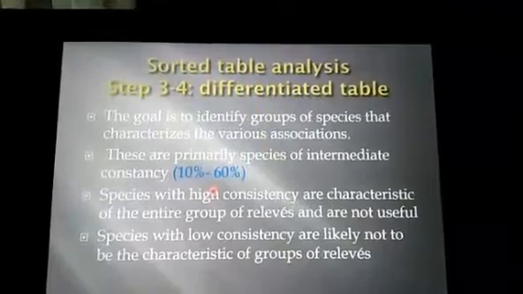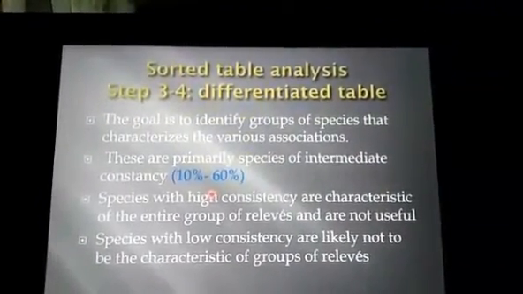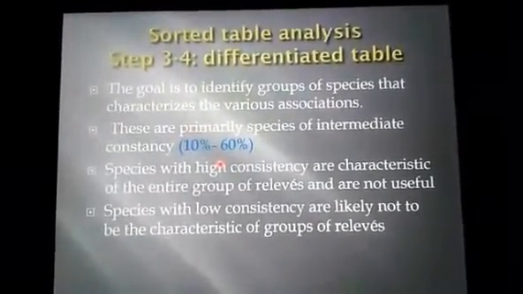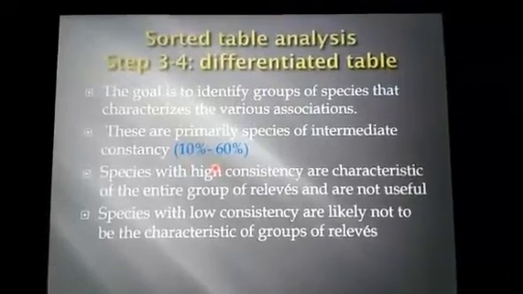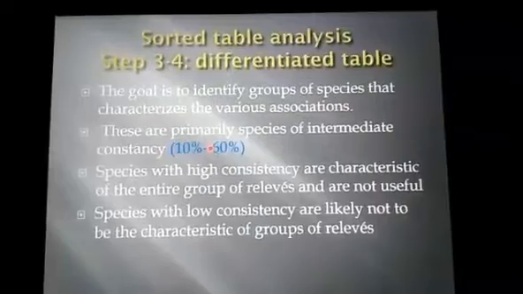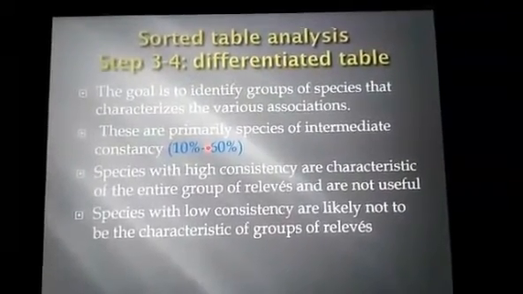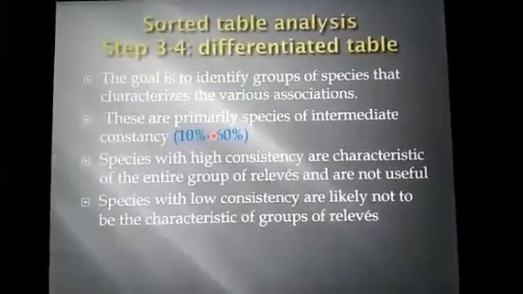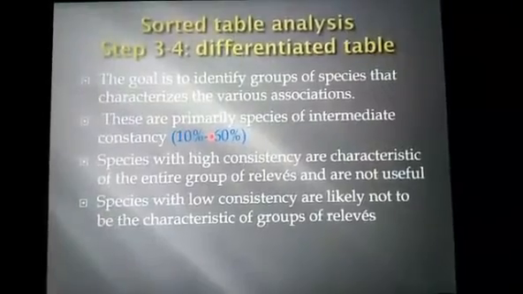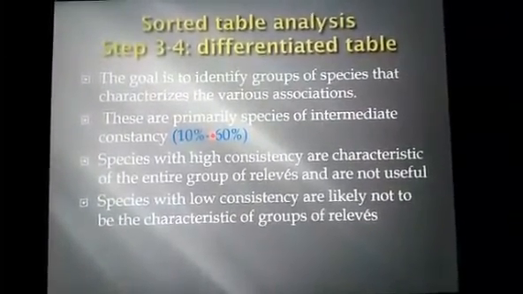So these are the species with the intermediate consistency, that is around 10 to 60% consistency. The species with the high consistency are characteristic of the entire group of relevés, and they are said to be not useful. The species with the low consistency are likely not to be characteristic of the relevé.